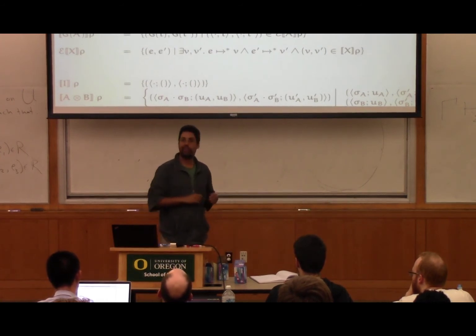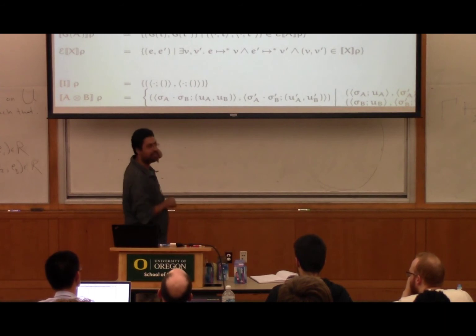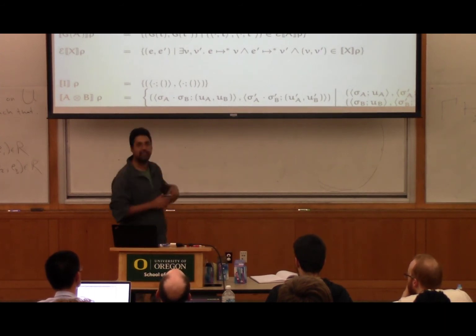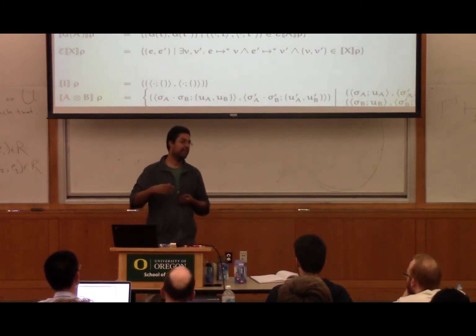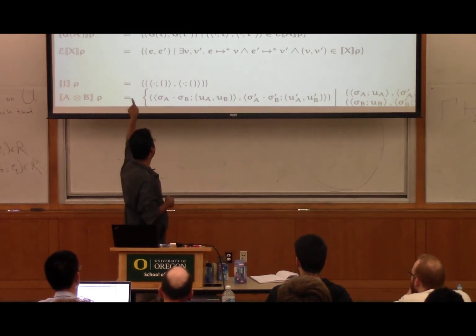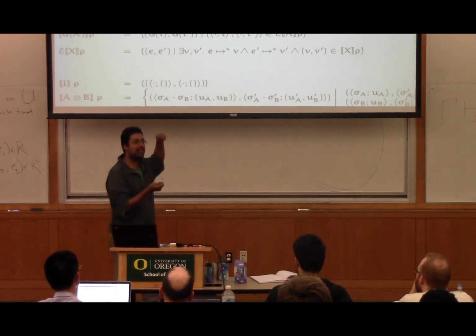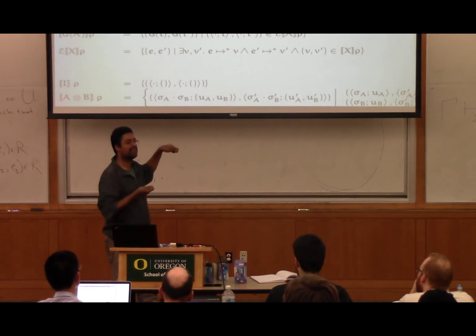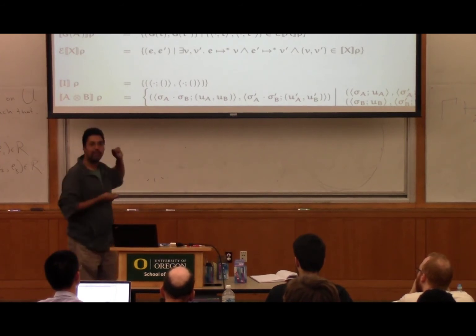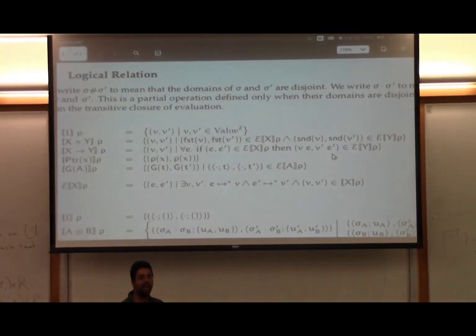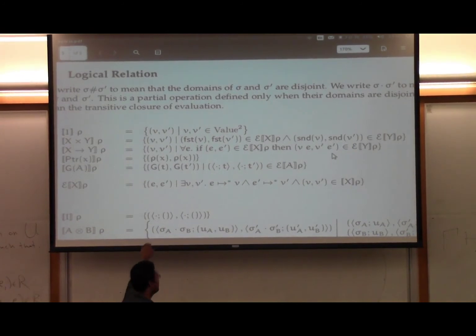So you have a choice, and I chose first and second because it has a nice analogy with unit, where you can think of x times y as saying, I have a binary product, so the two projections have to work. And for the unit, you can think of it as a zero-ary product, so it's a pair of values where none of the projections have to exist. Because of that parallelism, I chose first and second.